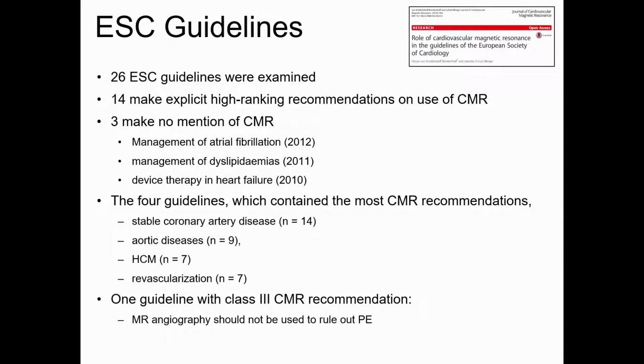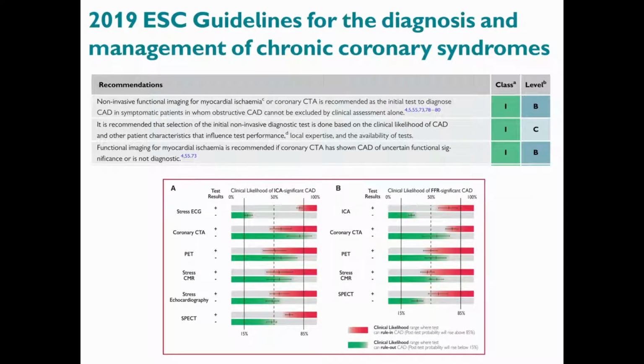The guidelines that cite the use of MR the most are in coronary disease, aortic disease, hypertrophic cardiomyopathy, and revascularization decisions. And again, that's perhaps not particularly surprising. Now, we talked earlier this week about stable coronary artery disease investigation. As I've said to you, the European guidelines that have just come out in 2019 are actually very sensible, very pragmatic.